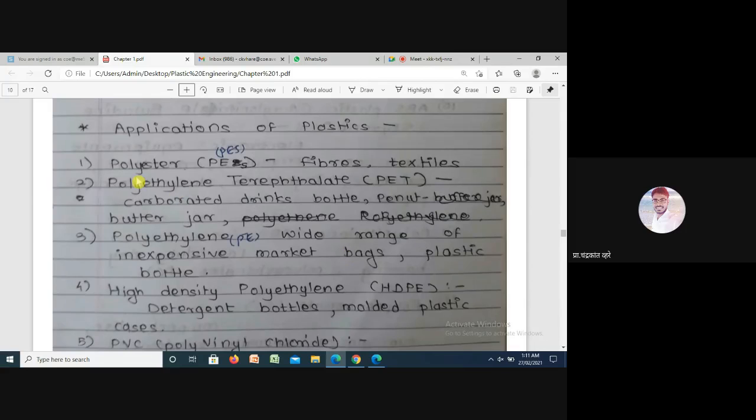First one, polyester, we can call it PES. For making fibers in textiles, we use polyester. Second grade, polyethylene terephthalate.